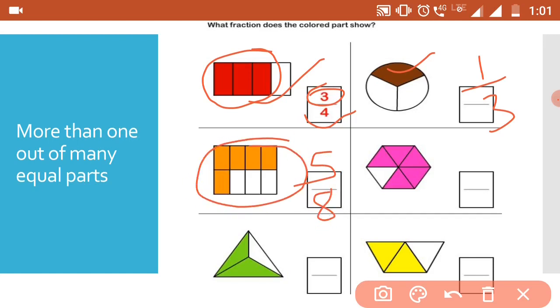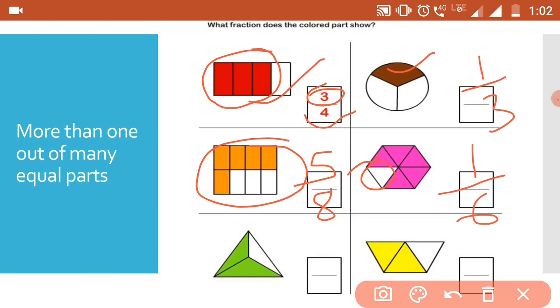But if I ask you now to write down the fraction for the non-colored part, then you have to write down the number of parts which are not colored above. Like here in this, we have one non-colored part, so write 1, and write the total parts below, and the total parts are 6.